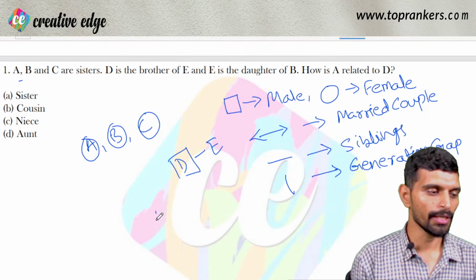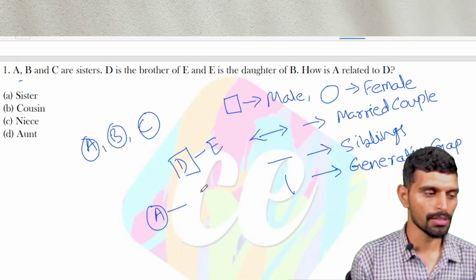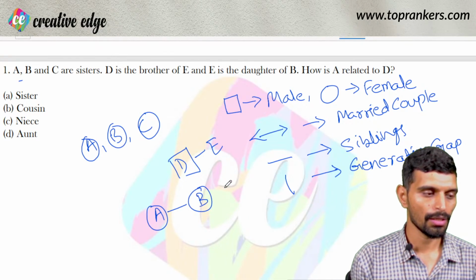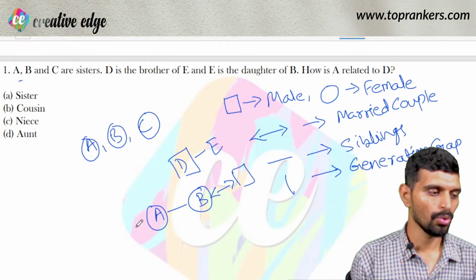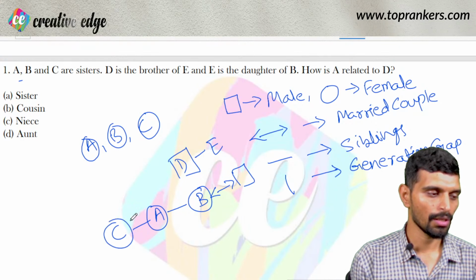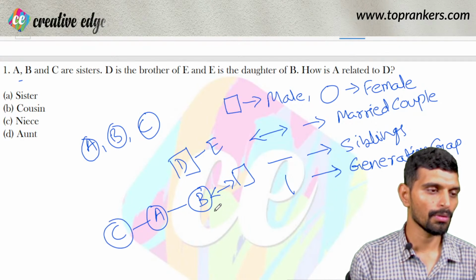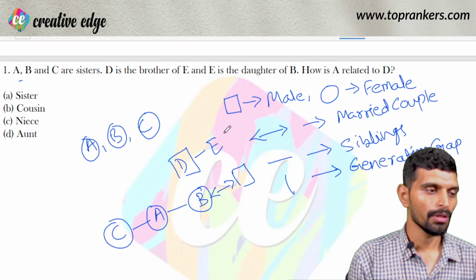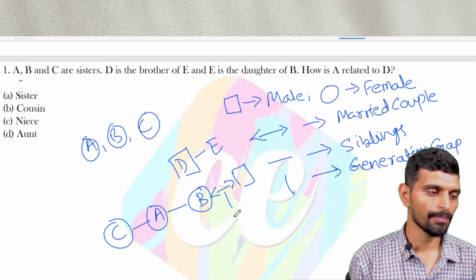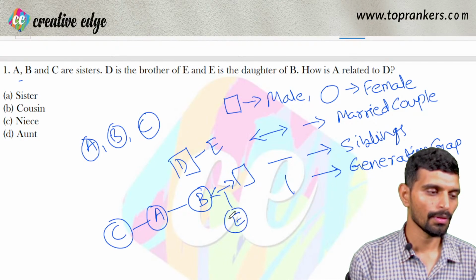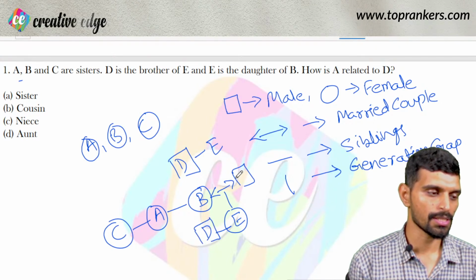So A, B and C are sisters, E is daughter of B and D is brother of E. So this is the structure.